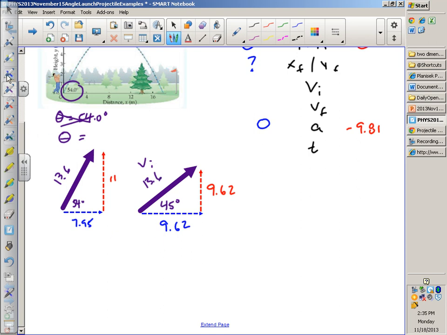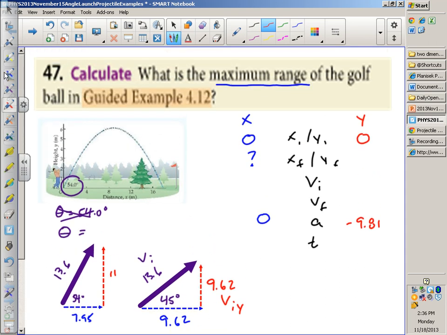But now that we find these two legs, this is going to be our x initial velocity, and this is going to be our y initial velocity. Anytime I give you the hypotenuse and ask you to find the two sides, those are going to be the initial velocities, both x and y. So we can fill in this as 9.62, and we can fill in this as 9.62.